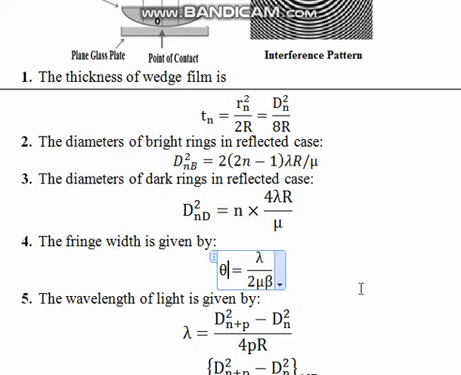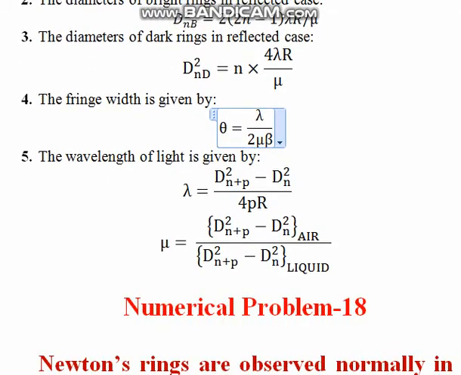The wavelength of light is given by lambda equal to dn plus p square minus dn square over 4pr. We use this formula for the numerical problems also.